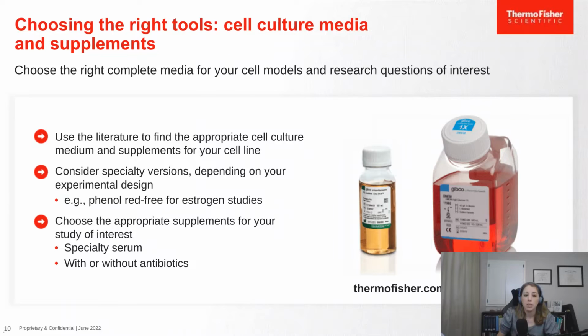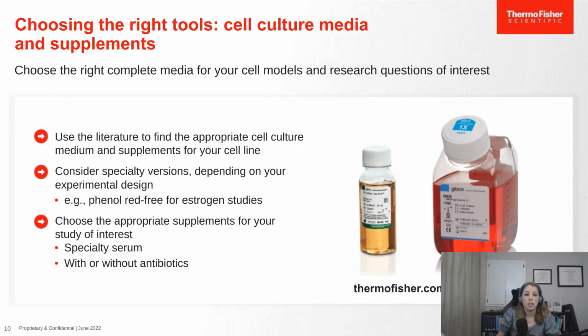Of course, paramount to any of this research is the type of medium that you are feeding your cells. It is very important that you think through both the type of the basal medium that you would like to use, as well as the supplements that you are planning on using. And it really depends on your cell model and your research question. The scientific literature is a good place to start to find a medium, but you may want to adjust it for your specific experiments.